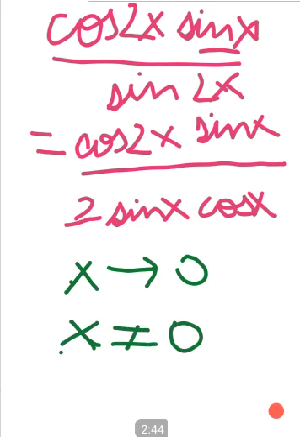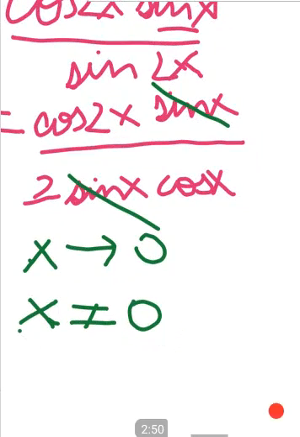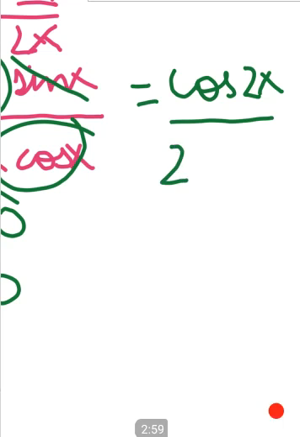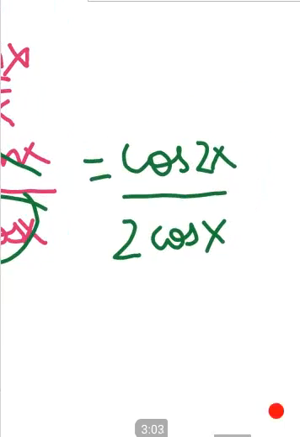So sine x is also not equal to 0, so we can cancel these out from the numerator and denominator, and we are left with cosine 2x over 2 cosine x, as x approaches 0.